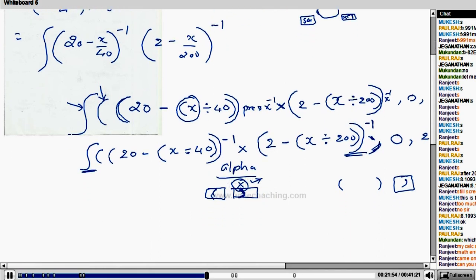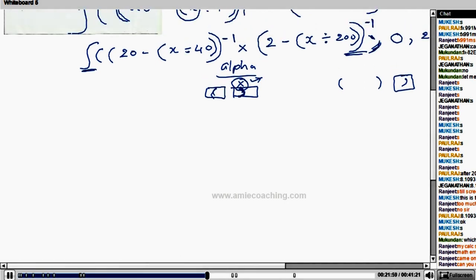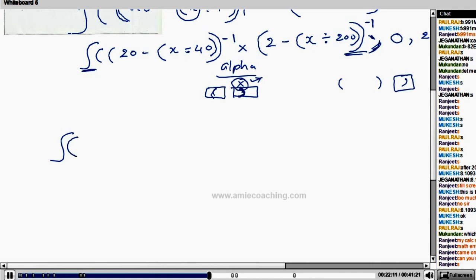Can you repeat? Sure. First of all, integral dx. Press the button integral dx. Then you will get the symbol like this.